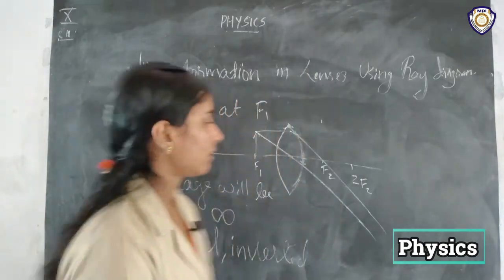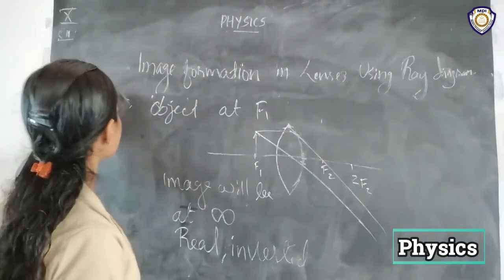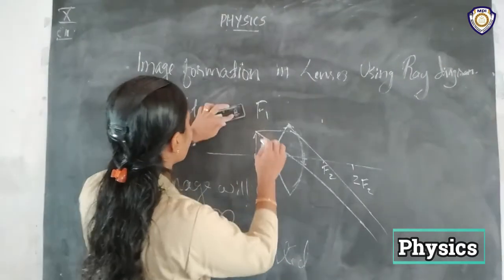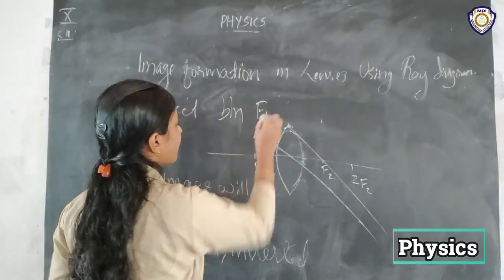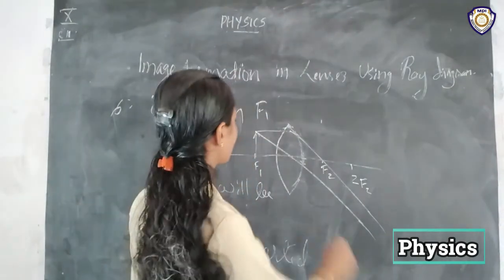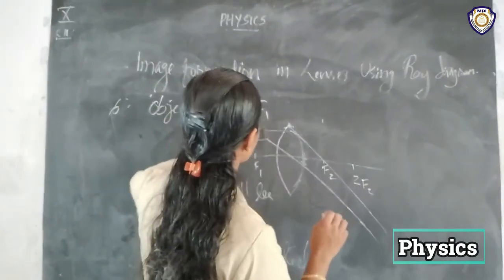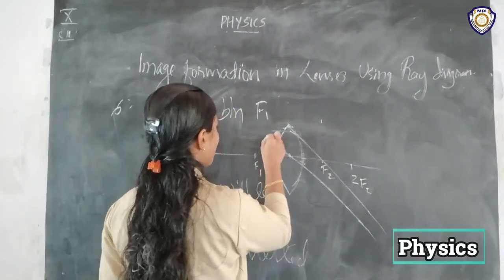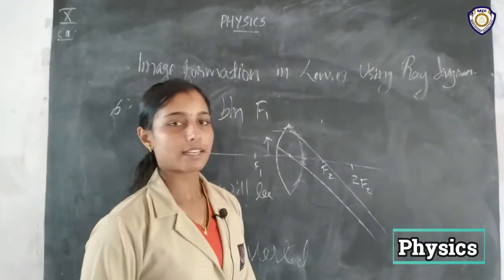And the sixth case, the object is placed in between F1 and the optical center. This is the optical center, so it is more near to the center, right?